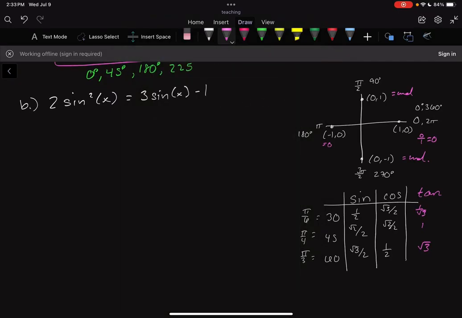When we see this kind of decreasing pattern here, where we've got a sine squared and a sine by itself, it's very likely that we're going to be factoring this one. So I can move everything to one side.